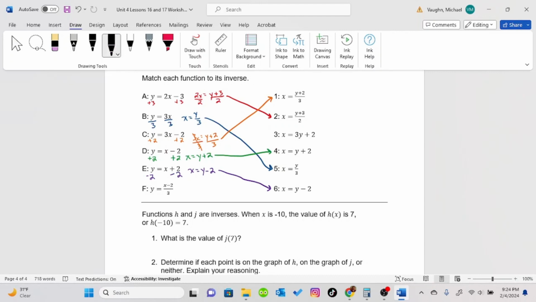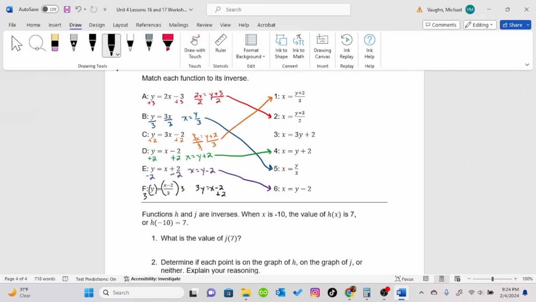And finally, y equals x minus 2 over 3. We would multiply both sides by 3 and get 3y equals x minus 2.